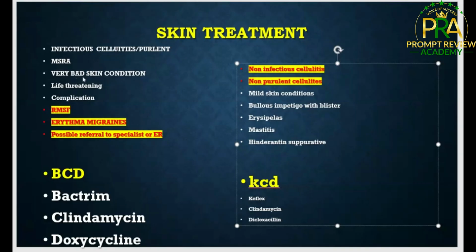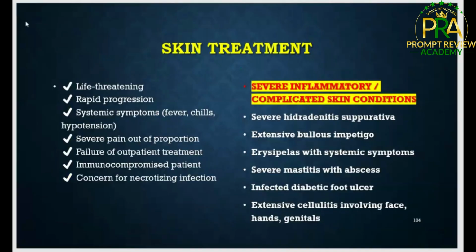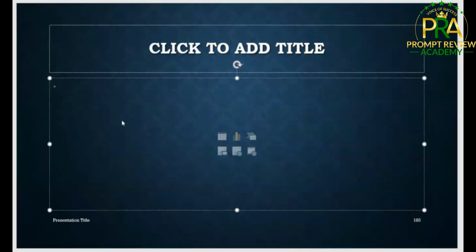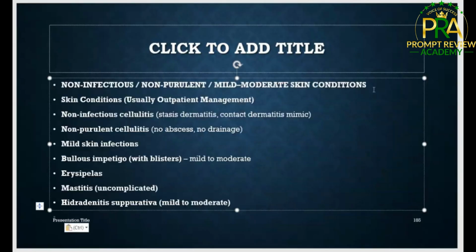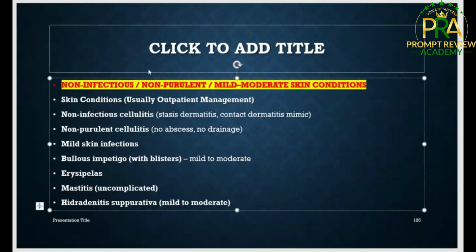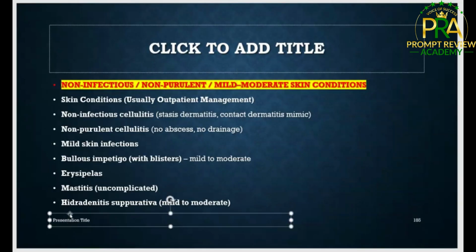Then let's talk about the non-infectious ones. The ones that are non-infectious, mild conditions, anything that is mild, you can tell the patient, okay, you can take these antibiotics, go home, monitor your symptoms. Those are mild conditions. Examples are non-infectious, non-purulent, mild to moderate skin conditions, something you can treat outpatient.